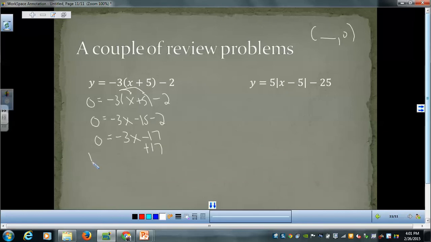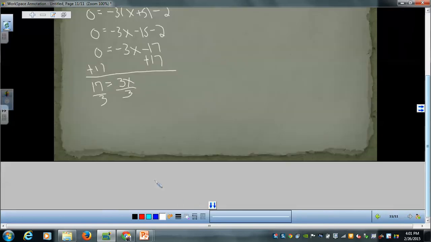I can then add that 17 to both sides, so 17 is equal to 3x. Divide by 3. I get 6? No, hold on. I do not get 6. I get 5 and 2/3 here. You might get 5.67 if you do that on your calculator. So you have one x-intercept.